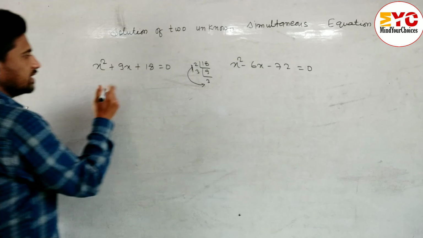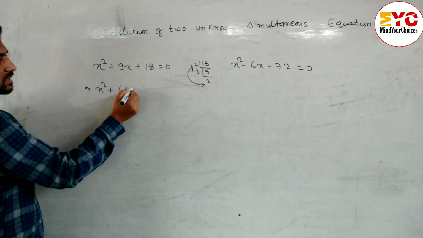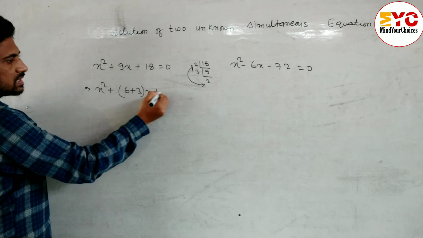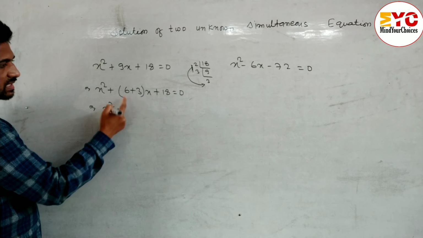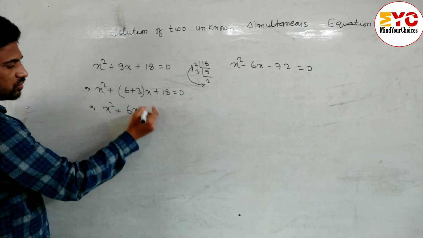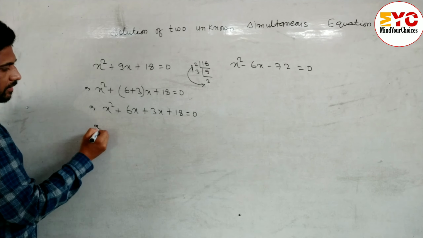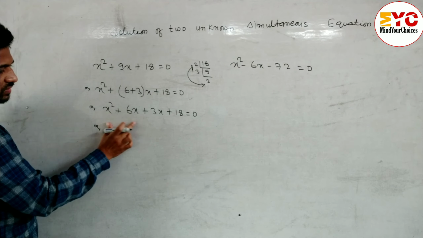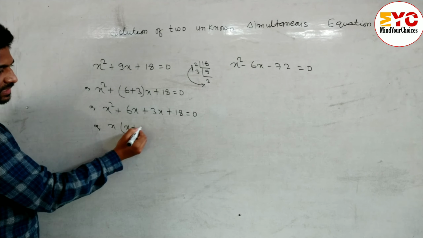6 into 3 is 18. So we can write x square plus 6x plus 3x plus 18 is equal to 0. From these first two terms we take common x, remaining x plus 6.